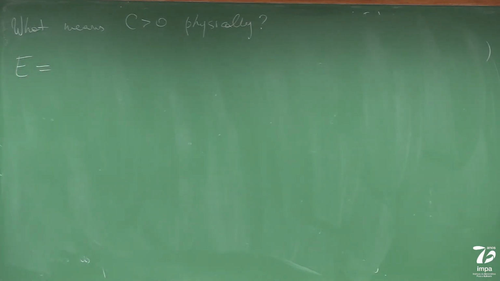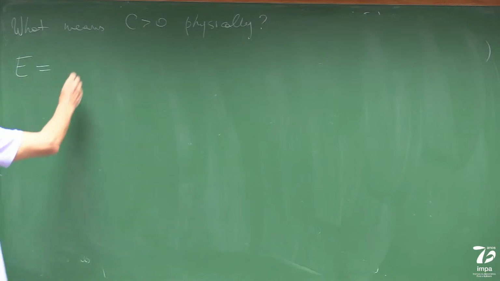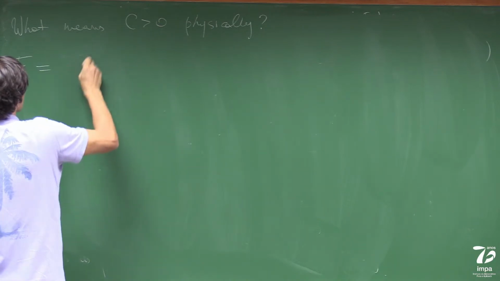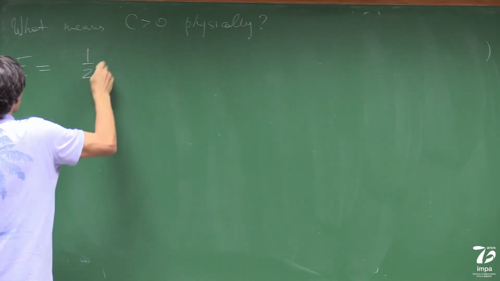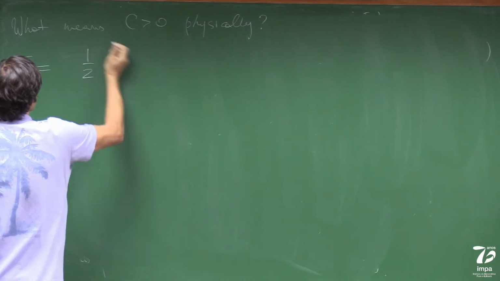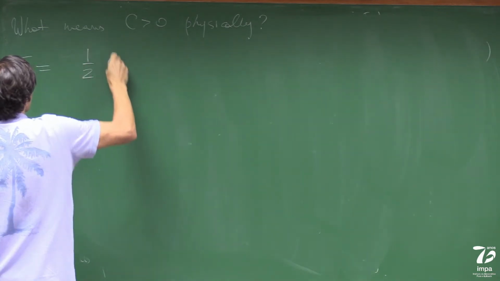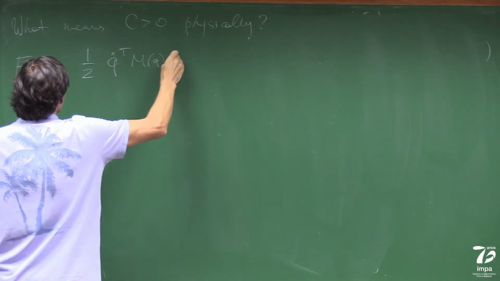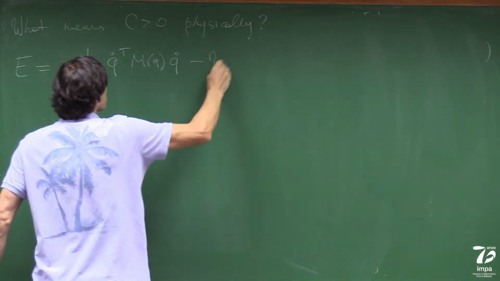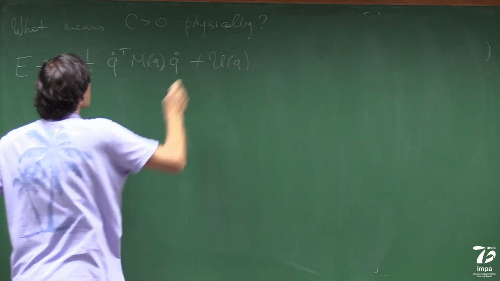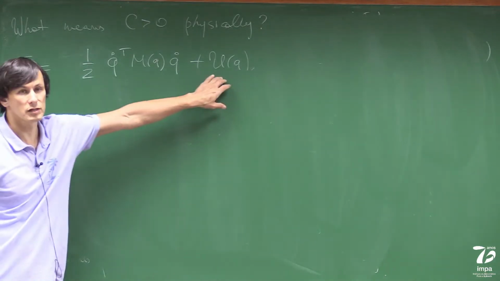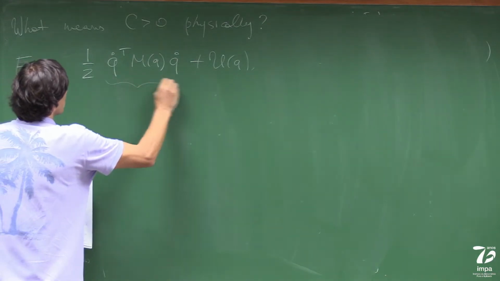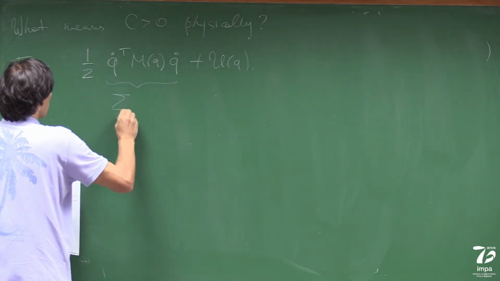Energy for the system, which was here, can be written, let's already write it in the matrix form: one half Q dot transposed M Q dot plus U of Q. So kinetic energy plus potential energy. This is just the matrix form of writing this sum.